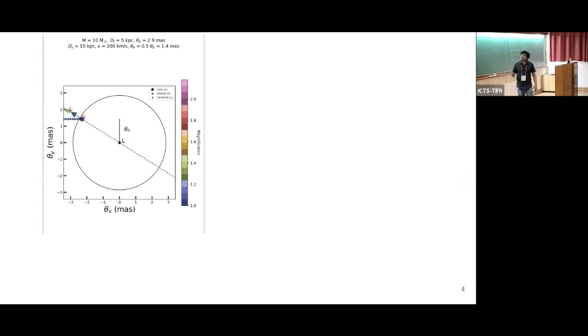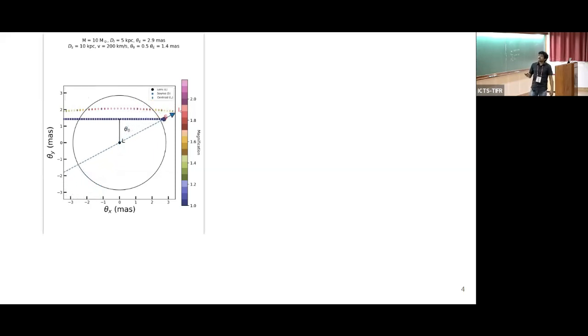If you look at a stellar trajectory in the sky, assuming it is moving in a straight line along this blue direction, and there is a lens in the foreground of this star, which is in the background, then because of the gravitational effect of the foreground lens, you will not see the blue trajectory but a distorted trajectory, shown by the colored dots.